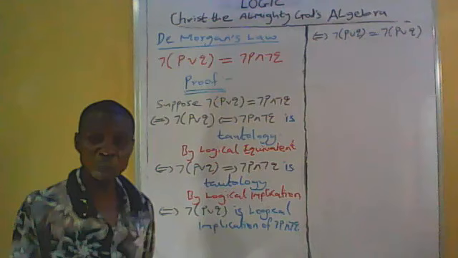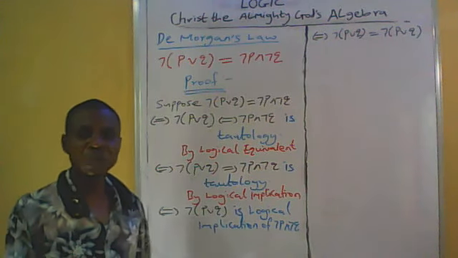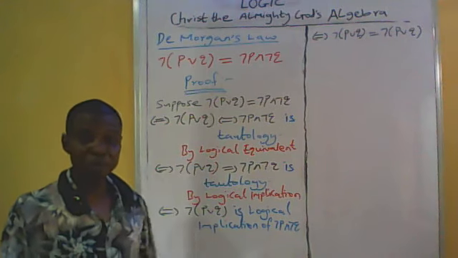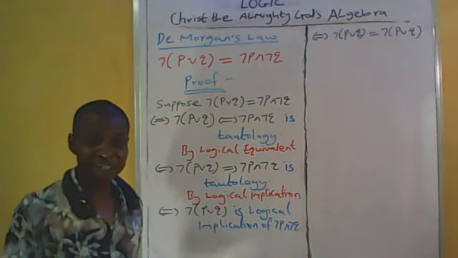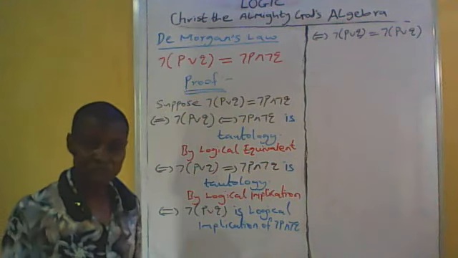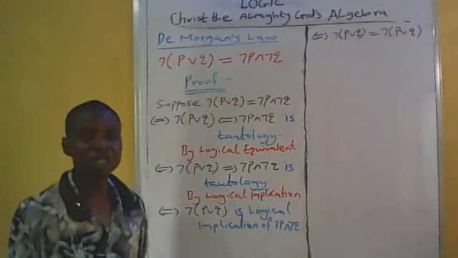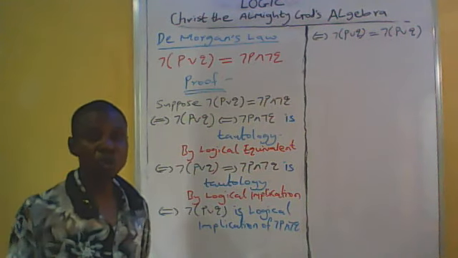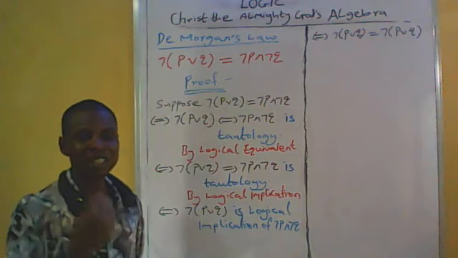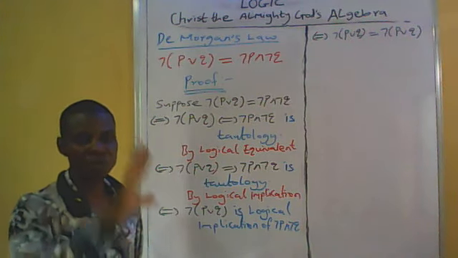The logical implication is equal to itself and it is true, because whenever the left antecedent is true, also the right antecedent must also be true, and whenever the left antecedent is false, also the right antecedent must also be false.